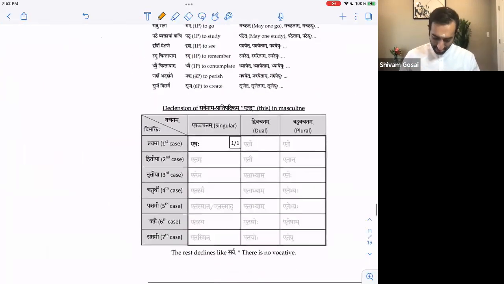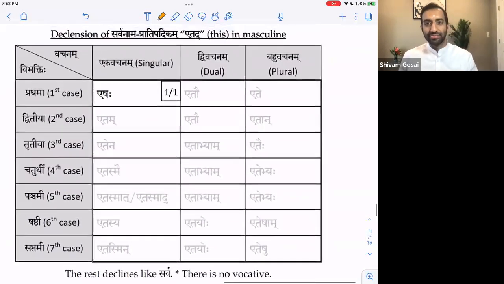Yeah, let's look at this, right? This is etad. This is like, a long time ago we saw this. Etad. Eshaha, you can say it with me. Eto, ete. Etam, you can say without looking too. Eto, etan. Etena, etabhyam. So you see that long? Etabhyam. Etaihi. Almost like ramaihi or taihi.